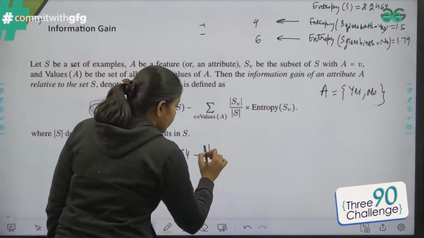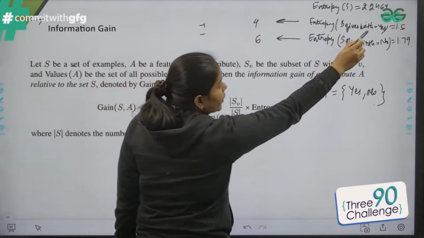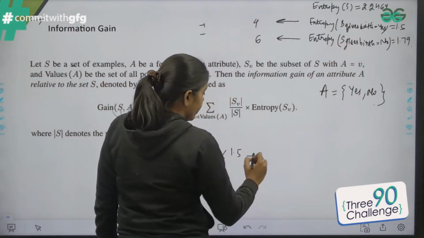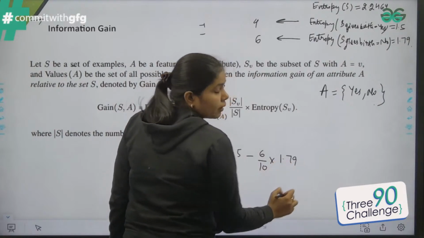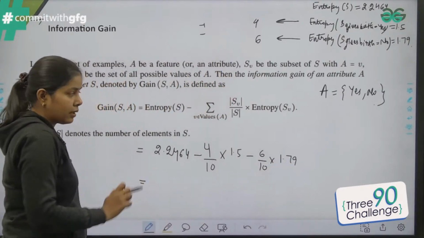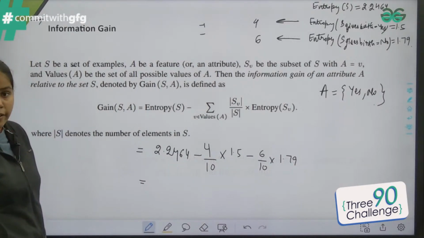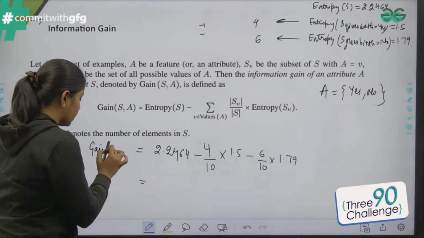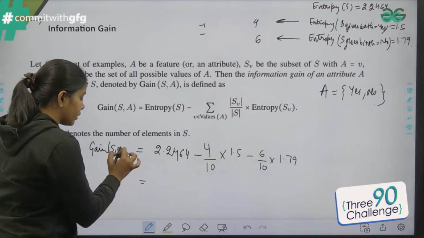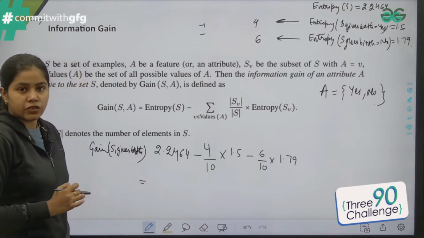So it would become 4 by 10 times the entropy, which we got as 1.5, minus 6 by 10 times 1.79. Now I can solve this to get the value. I can find out this information gain. This is information gain of S comma gives birth, using the gives birth feature, right?